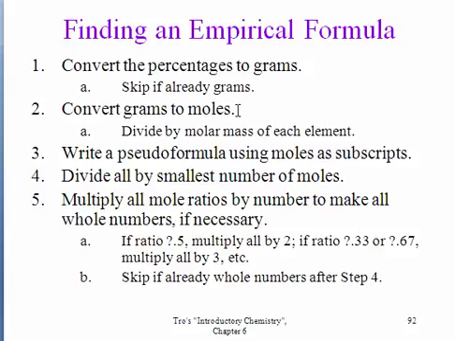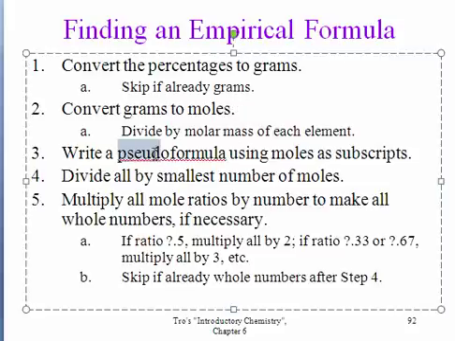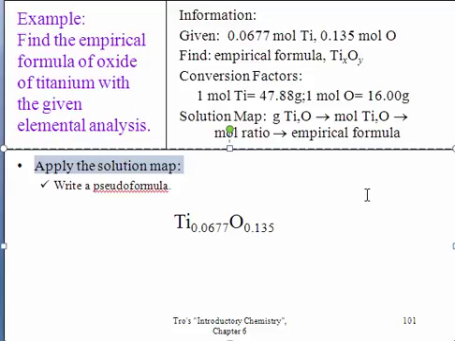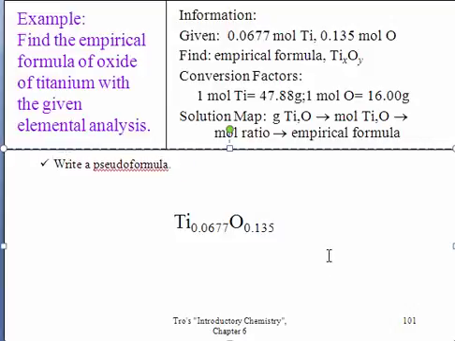Once we convert our grams to moles, then we write what we call a pseudo formula using the moles that we just calculated as our subscripts. Once we do that, we divide each of our subscripts by the smallest number of moles. So here is our pseudo formula, Ti0.0677, and then oxygen 0.135.